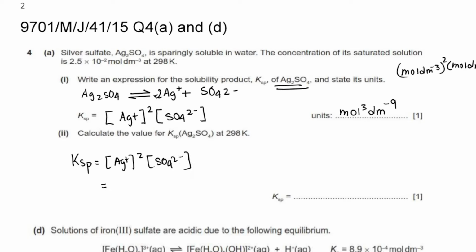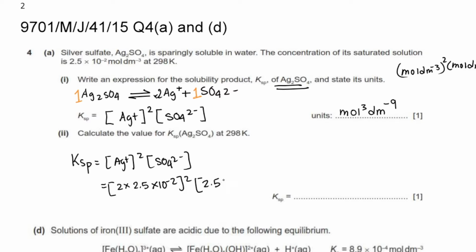And since we know that the concentration of the saturated solution is 2.5 times 10 to the power minus 2, we can say that the concentration of the silver ions is 2 into 2.5 times 10 to the power minus 2 whole squared. And since the molar ratio of the salt and the sulfate ion is 1:1, we don't have to multiply anything with it.